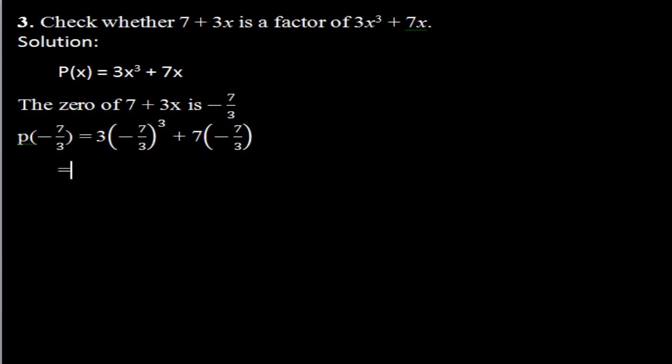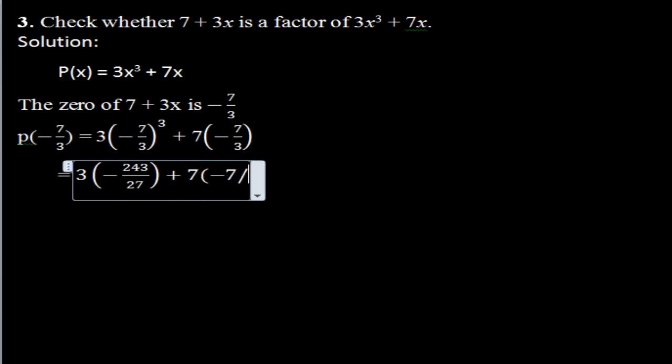When we simplify this, what will you get? 3 into, cubing the negative becomes minus, so 7 cube is 343 divided by 3 cube is 27, plus 7 into minus 7 by 3.